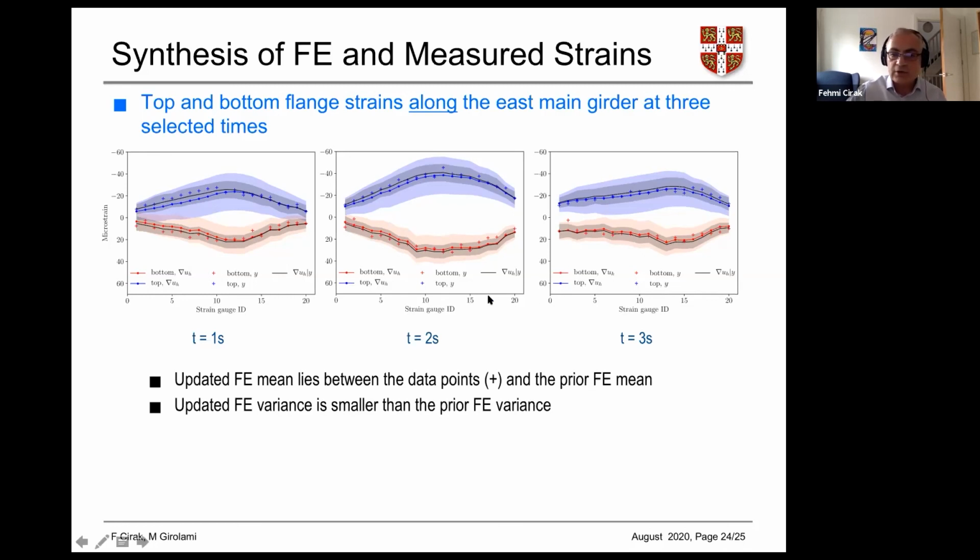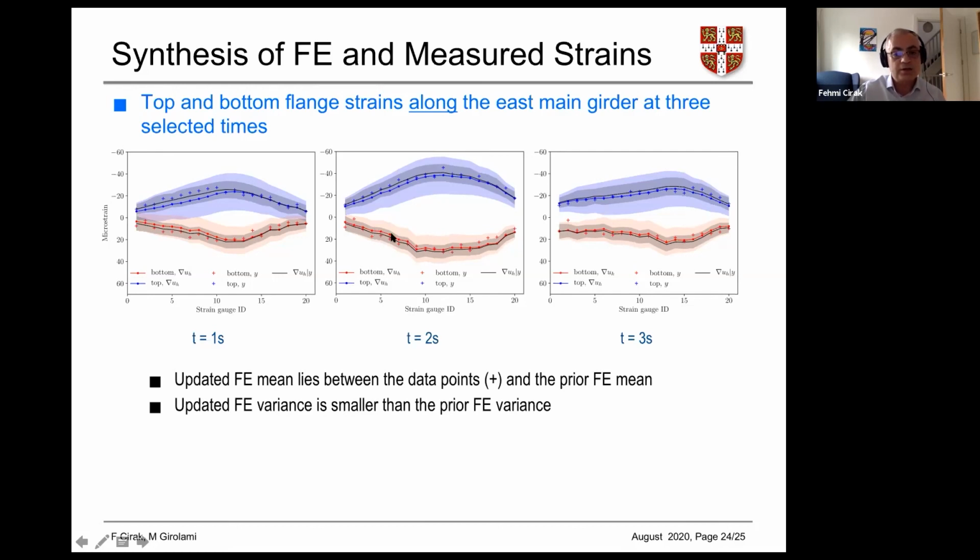And you can study more. If you look at this one, for example, this is now the bottom flange at time t equals 2 seconds. The plus signs are the measured strains. The red line is the prior finite element result, the mean of the prior without seeing the data.